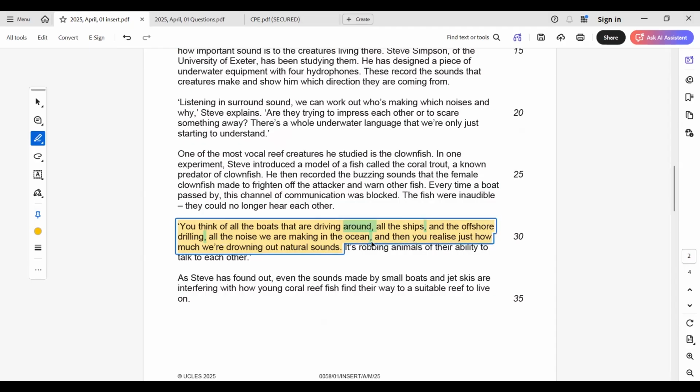Next one here, all the noise we are making in the ocean, comma, and then you realize just how much, etc. So it's very clear that after the comma there is an "and", and this is another clause. We can basically say that this is to add another clause, or let's say to join two clauses, because we have got one of the FANBOYS, which is "and".